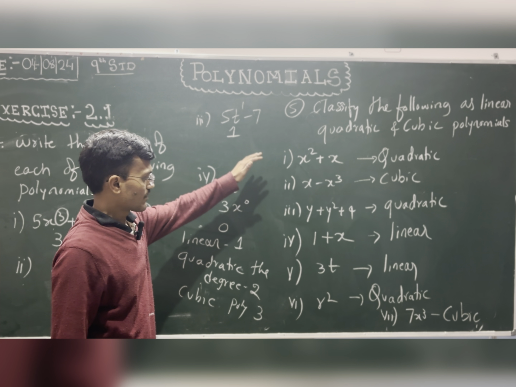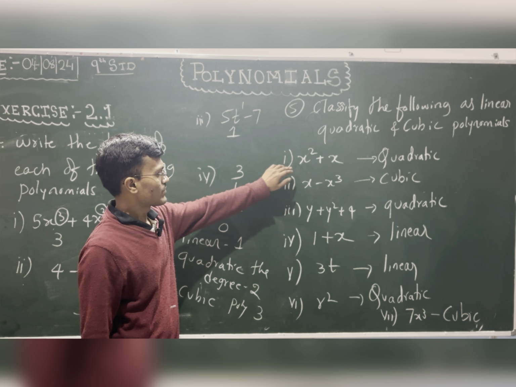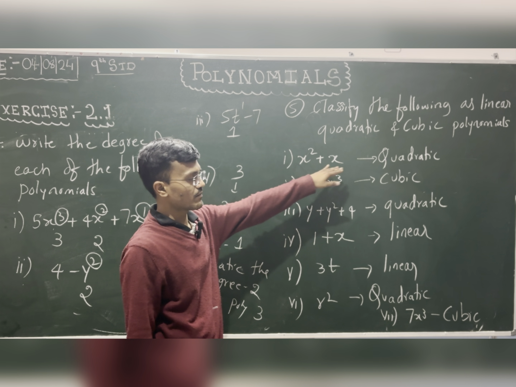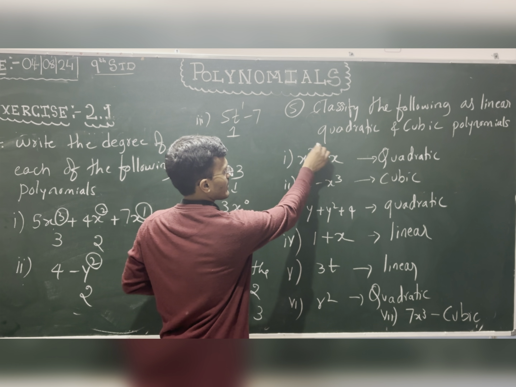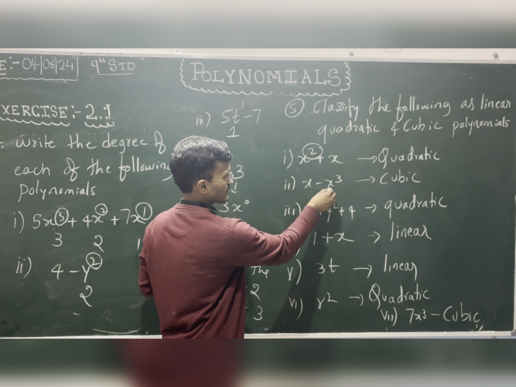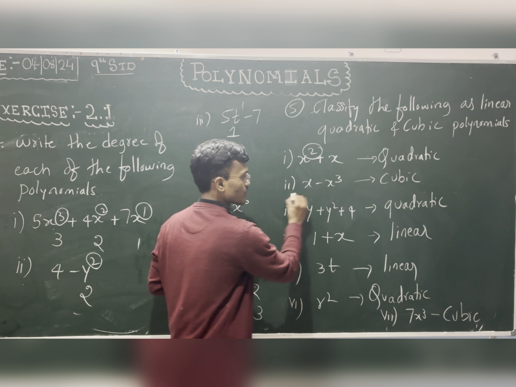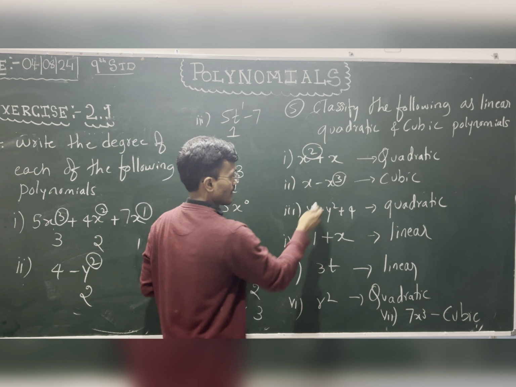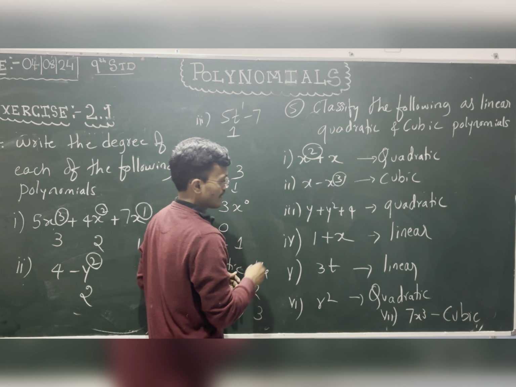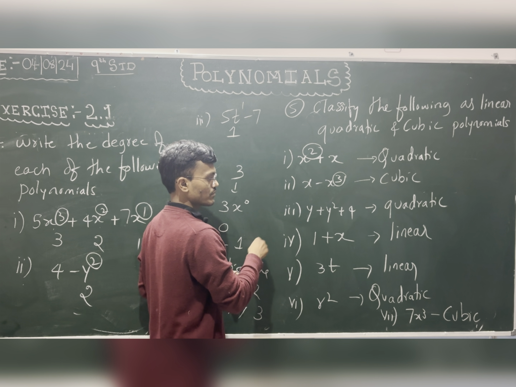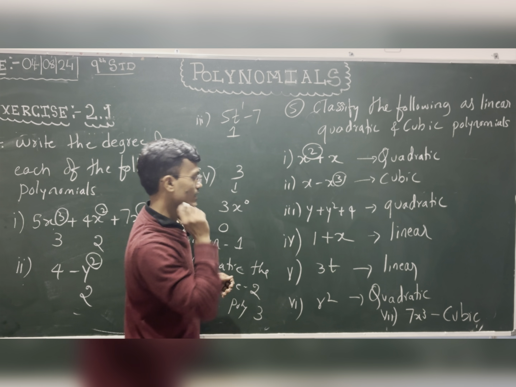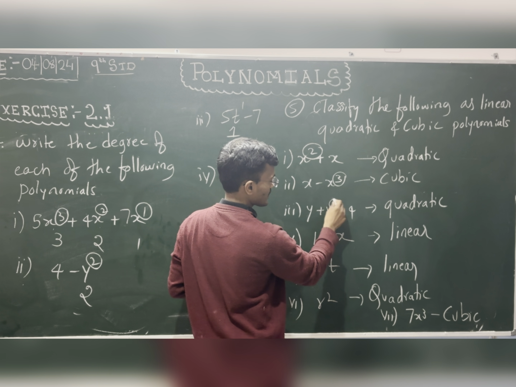Here there are several examples. First, x square plus x, it is a quadratic because the degree is 2. x minus x cube, in this polynomial the highest degree is 3 and it is a cubic. Question number 3, y plus y square plus 4, it is a quadratic; in this polynomial the highest degree is 2.